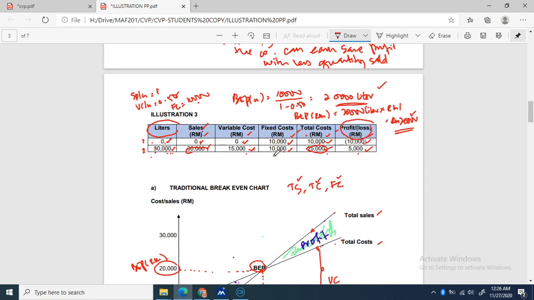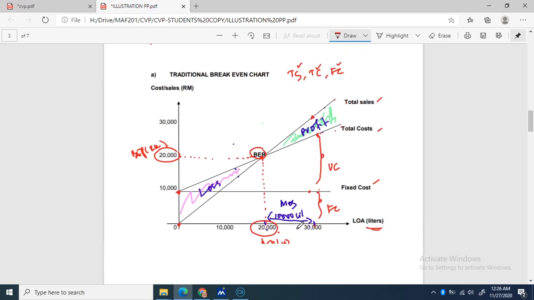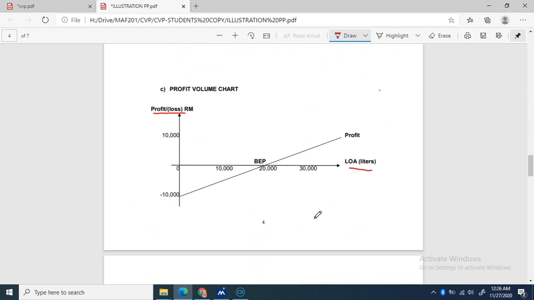If 0 liters, you get here a 10,000 loss. If you do not produce anything, the liters is 0, the loss is 10,000. Above the x-axis is profit, below the x-axis is loss.